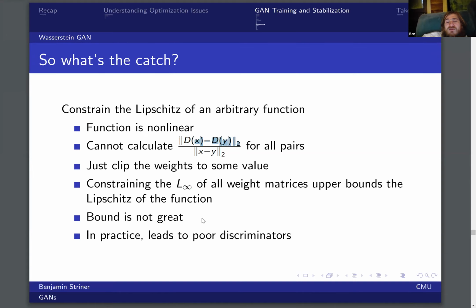The problem is that upper bounding the Lipschitz by clipping every single individual weight to just a number doesn't give you a very tight bound of the Lipschitz. It gives you a lot of artifacting, and the actual results are not great. So the Wasserstein GAN paper gives us great ideas about what we want to do, but the actual problem of how do you constrain the Lipschitz, it did not solve very well.